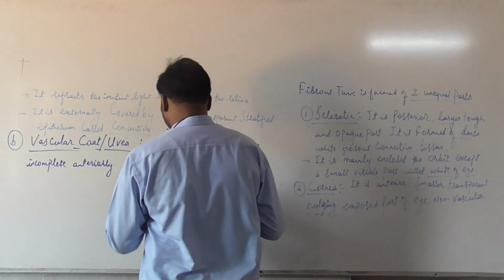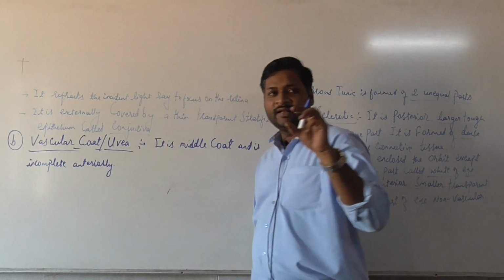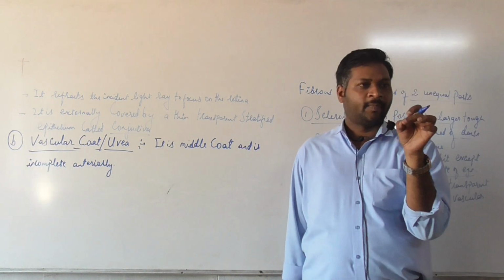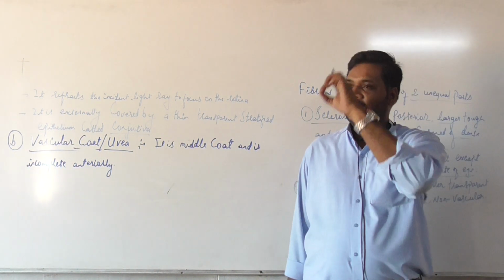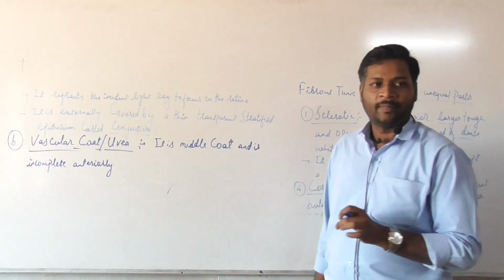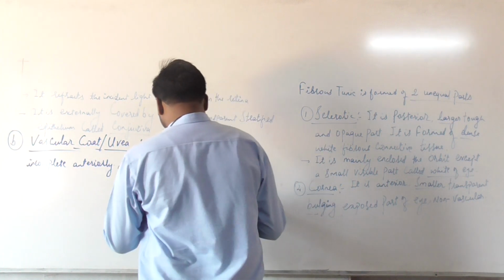You can see in the diagram I have drawn a layer in red color. It is not completely around the eye, isn't it? So it is incomplete anteriorly.